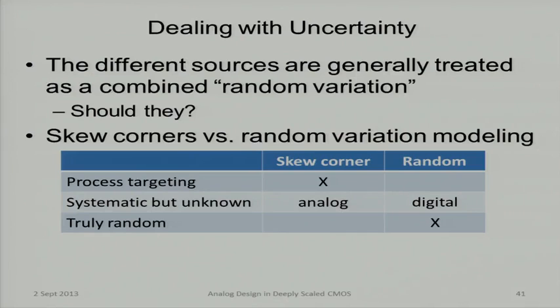You should just recognize they're uncontrollable and lump them in appropriately. So, there is no single right answer that fits here for everyone. So there's actually not just the two approaches to dealing with variation, that skew corner versus random variation, but even the way you allocate different factors may change depending on what kind of design you're doing.